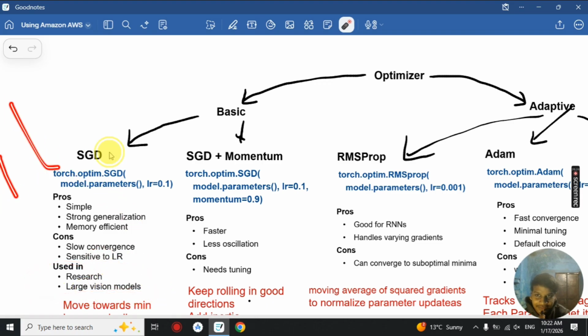So basically SGD's whole idea is simple: we get the loss here and we move with the learning rate at equal step size, okay. We will not change our step size and we will be going towards the minima, okay.